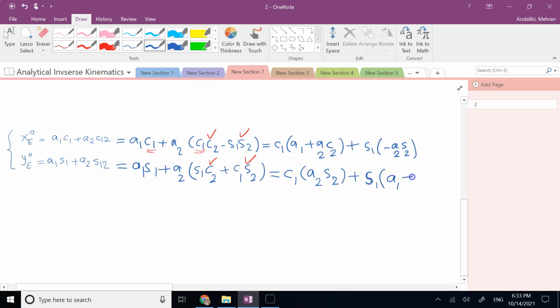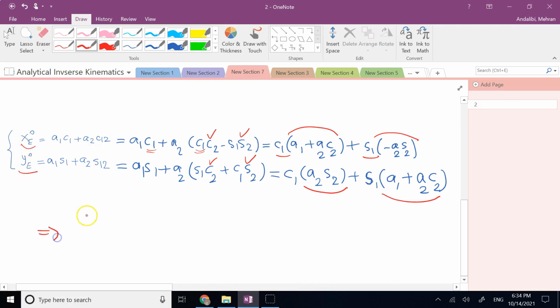And then plus what? a2 c2. Good. So that is going to be a 2x2 set of equations where the unknowns are C1 and S1, and the coefficients are these guys, which are just constant at the moment, and the right-hand sides are XE and YE.